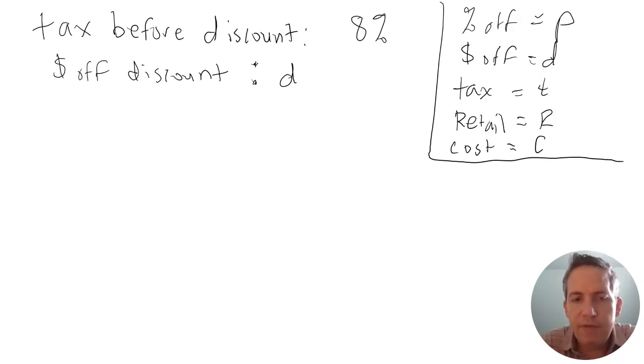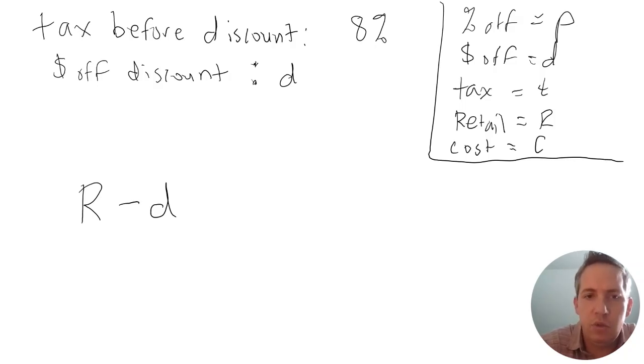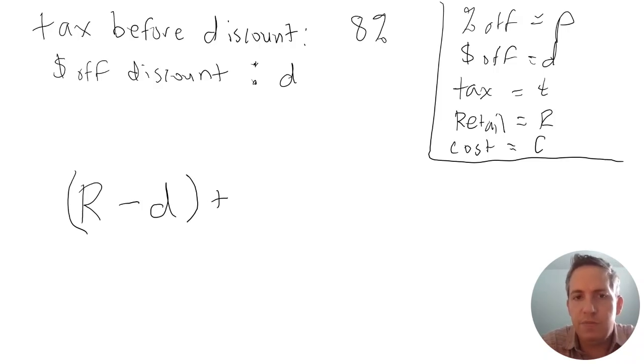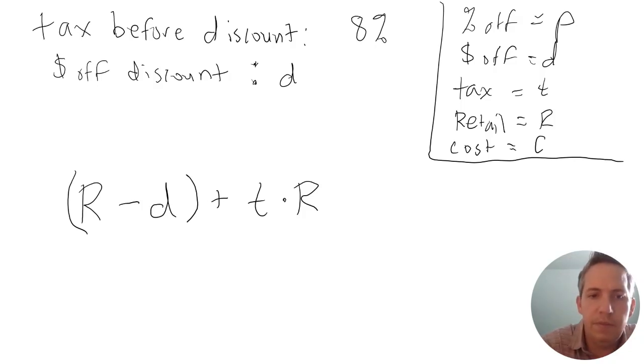All right, so if I have a discount dollar off, then what I'm going to do is take the retail value, subtract my discount, but then I need to pay tax. So I'm going to add the tax, but the tax applies before the discount. So I'm going to take the tax rate in decimal form and multiply it by the retail value. And this is going to be my cost.